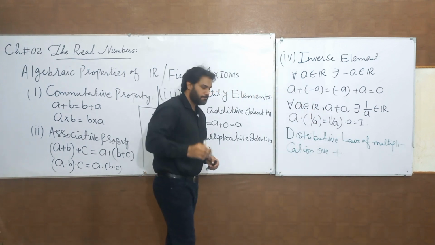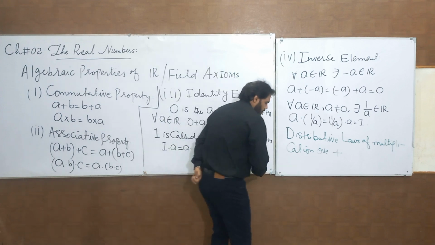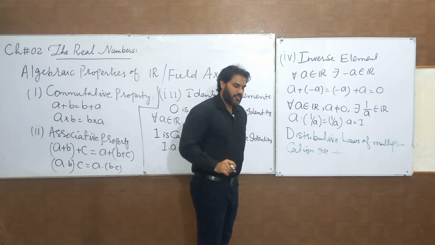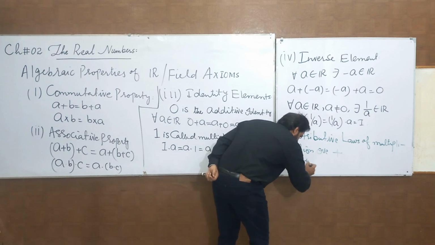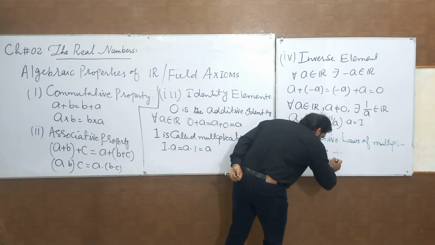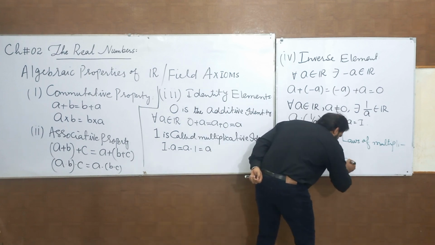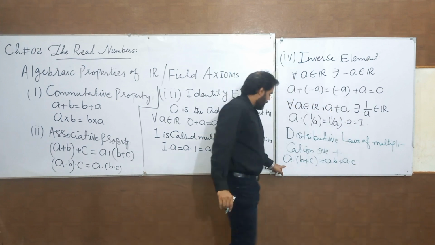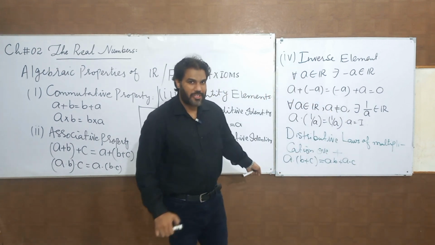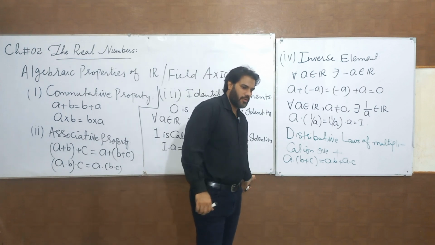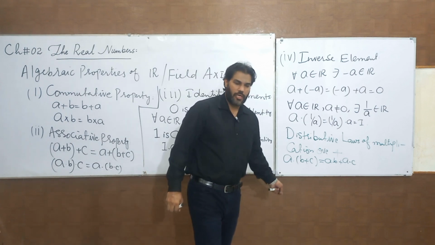In this law, if we have three elements A, B, C, then A into (B plus C) is equal to A into B plus A into C. As we are multiplying A from the left side, this is called the left distributive law.